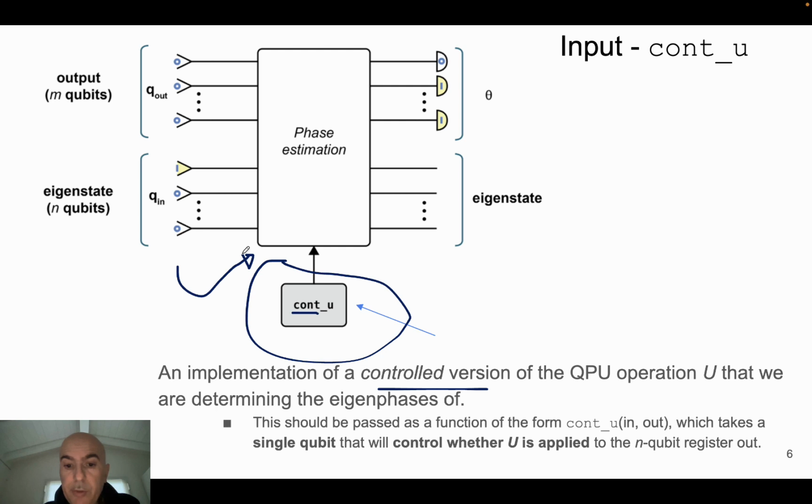This gate should be passed as a function of the form controlled U, which takes a single qubit that will control whether U is applied to the n qubit register or not. We know that any controlled version applies the operation only if the control qubit is equal to 1.